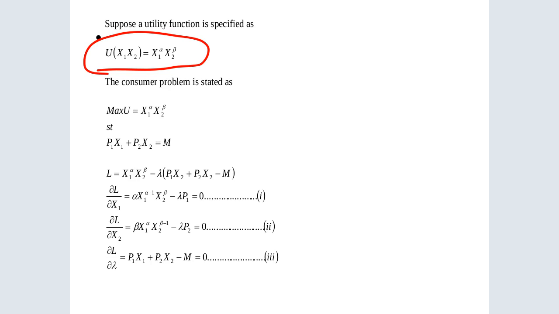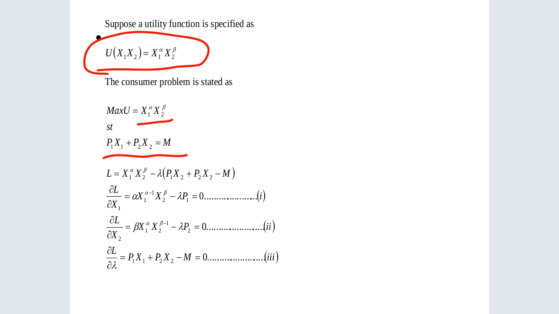The utility is given here as a Cobb-Douglas function. Now, we maximize utility subject to the budget constraint.